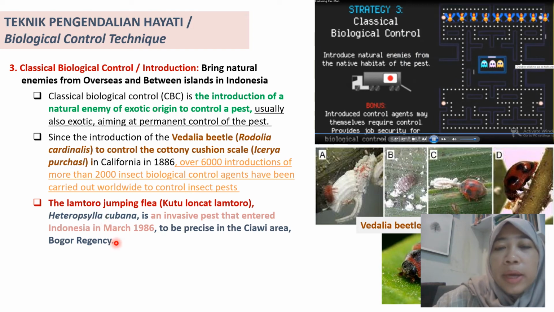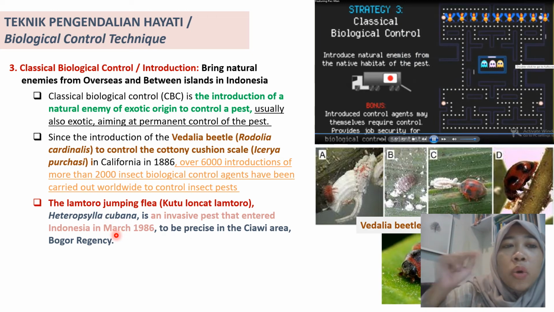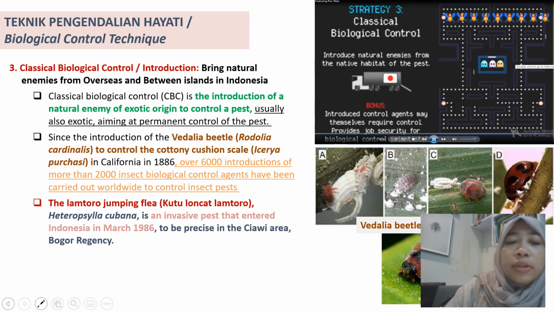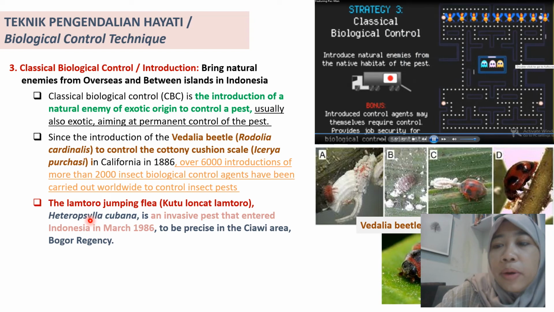We can control Heteropsylla cubana by bringing natural enemies from the pest's country of origin. Jadi kita dapat mengimpor natural enemies dari negara asalnya. Karena hamanya ini kan hama invasif juga, jadi kita belum punya musuh alami ya, salah satu case-nya seperti itu.